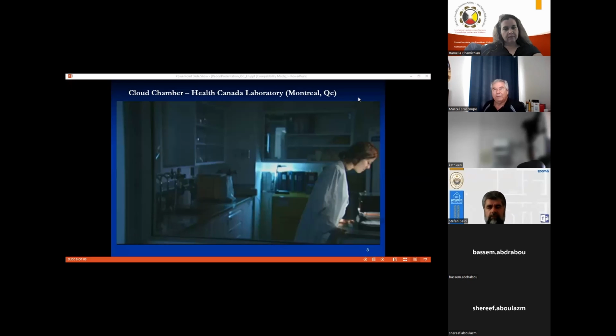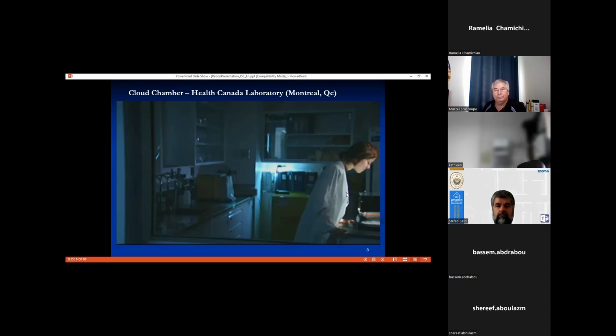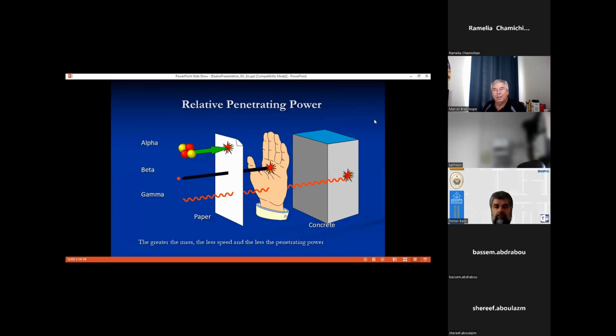Okay, so we've seen that video. You've seen the alpha particles flying through the air, and it's those alpha particles, when they hit living cells inside our lungs, that are going to create damage. Now, when we're talking radiation, a lot of times we talk about three types: alpha radiation, which is an alpha particle running through the air, beta radiation, and gamma radiation.